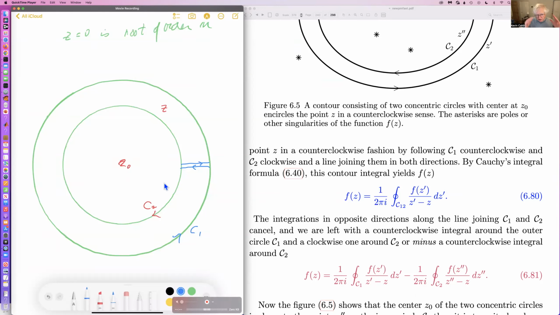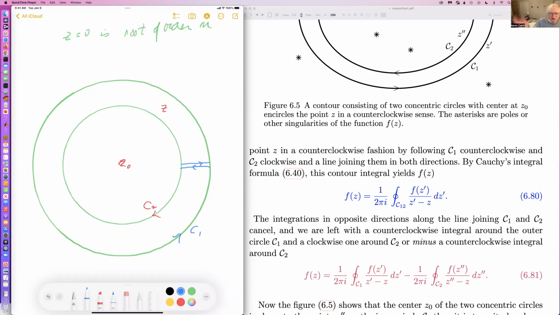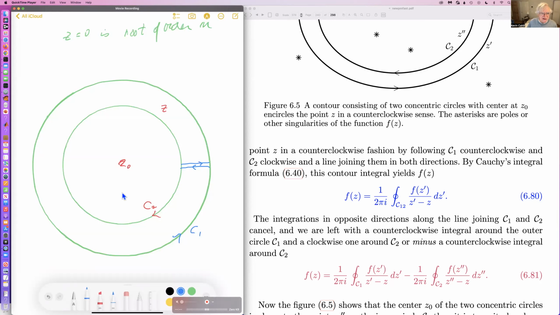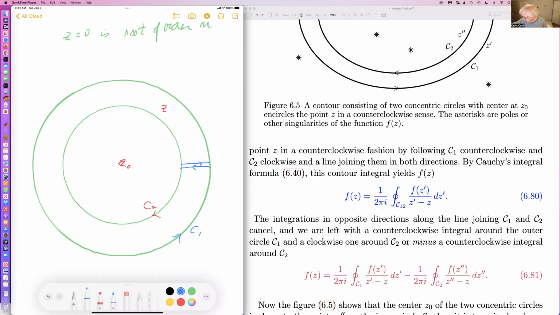Then what we've got is a closed contour that is counterclockwise and encircles Z and lies in the region of analyticity. What I forgot to say is that there can be singularities in here. So I'm going to put some singularities in here, and the singularities are going to be these black things.